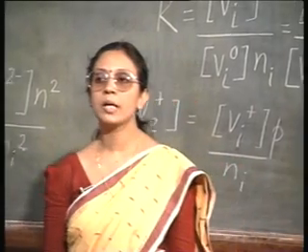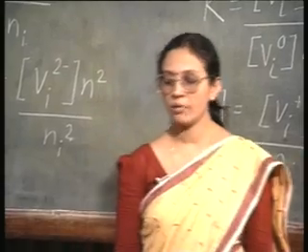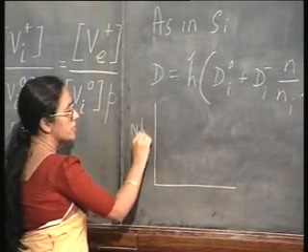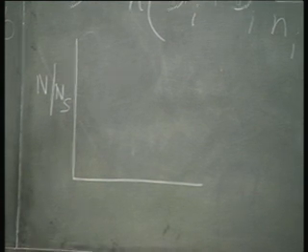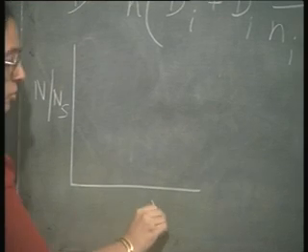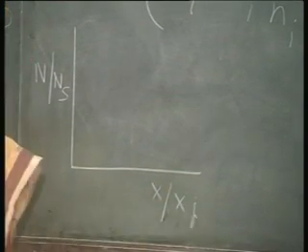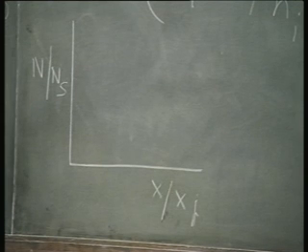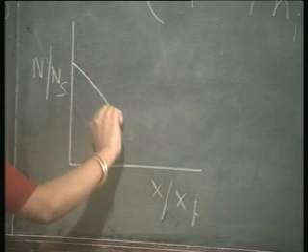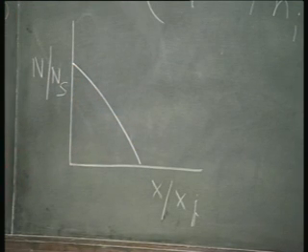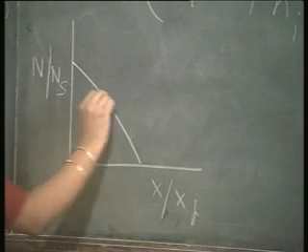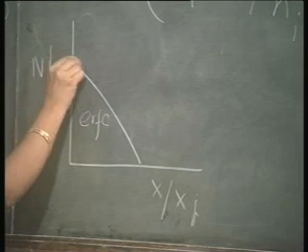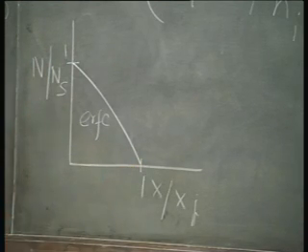Now, if I want to look at the doping profile of this, if I want to plot, say, normalized doping concentration N by Ns, normalized to the surface concentration, and if I want to normalize it with respect to the junction depth x by xj, then you know that if this is the complementary error function profile, this value is 1 here and this value is also 1 here.